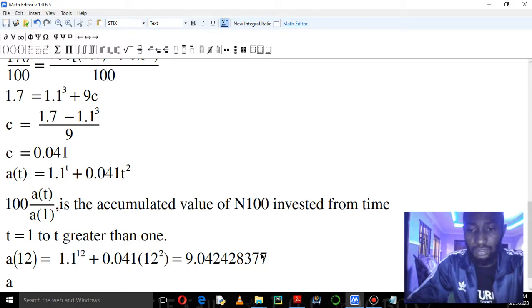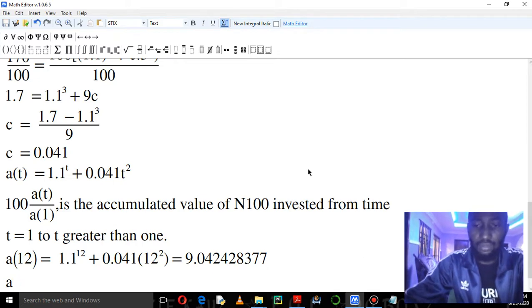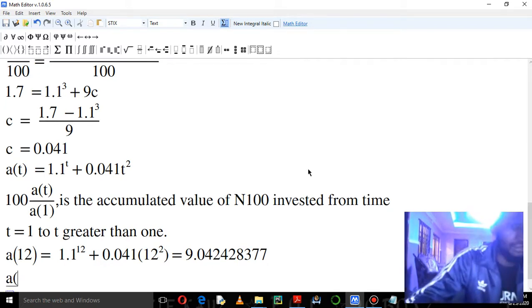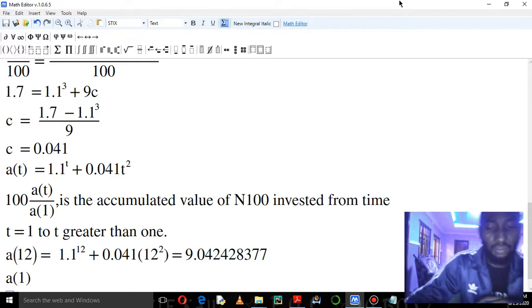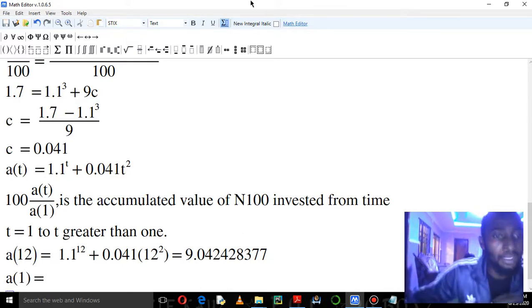To calculate our a of 1, we have to substitute 1 for t.